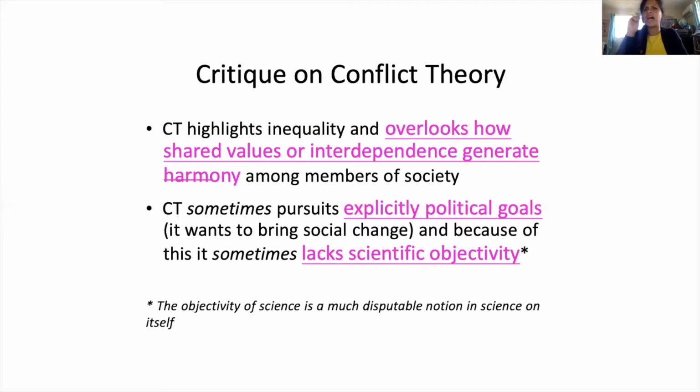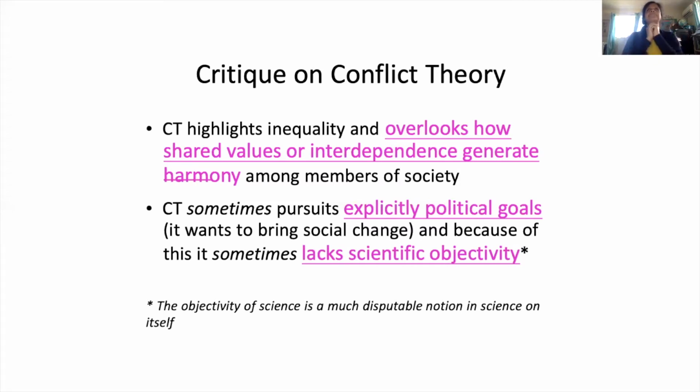Conflict theorists do not always acknowledge how disruptive and harmful change can be for the have-nots as well as the haves. And sometimes their pursuit has an explicitly political goal, and it wants to bring social change. Because of this, it sometimes lacks scientific objectivity.